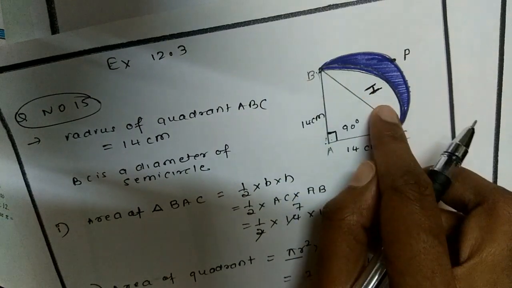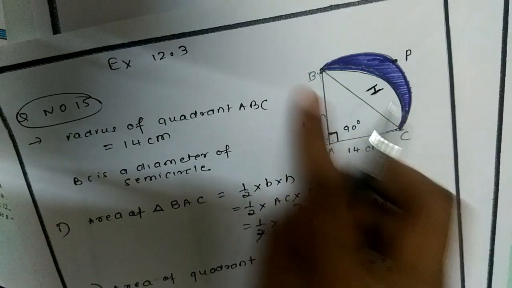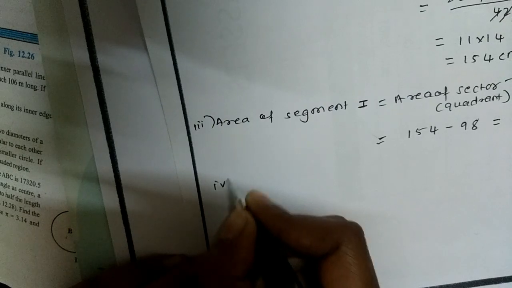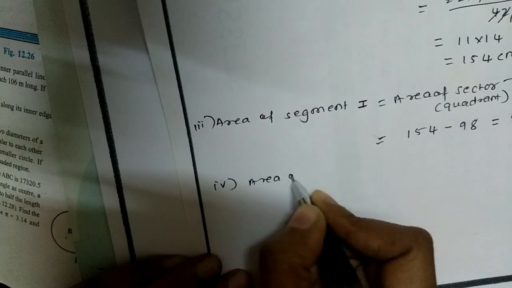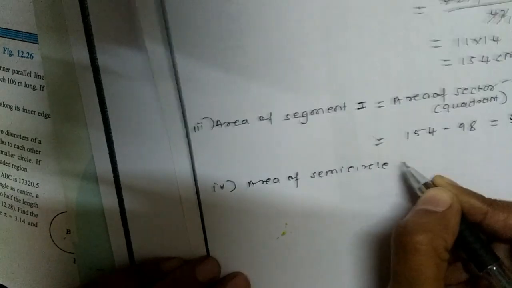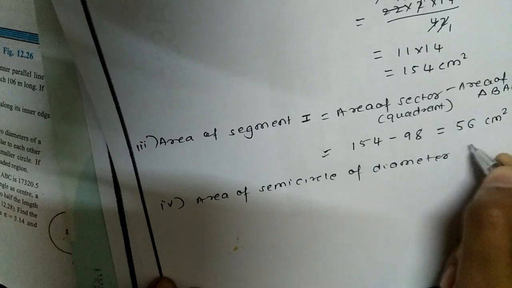Now we got this area. So from this semicircle area, the semicircle is BPC. So we will find out the area of semicircle BPC. So the third part is over. Now the fourth part, area of semicircle of diameter BC.